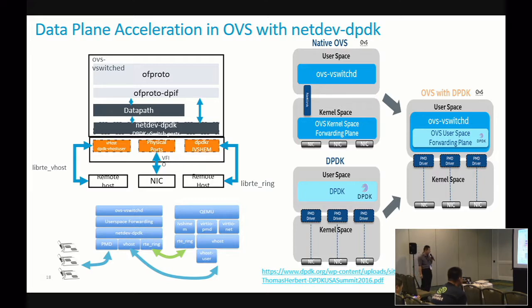The second one is the physical port, the physical DPDK, which is used for the actual packet processing, receiving and transmitting from the physical NICs to the physical NICs. And the third one is the DPDK IVSHMEM.